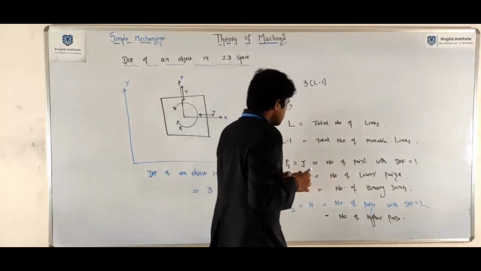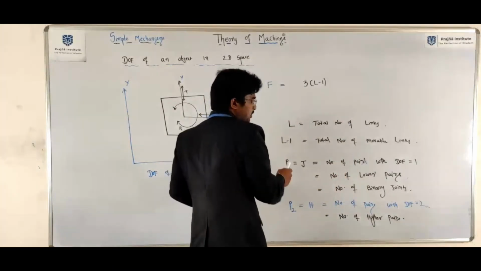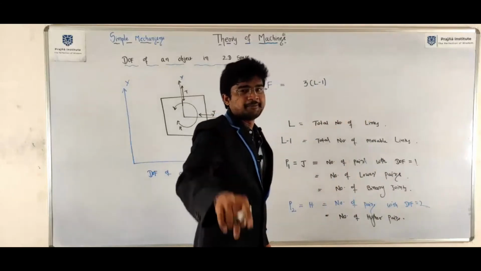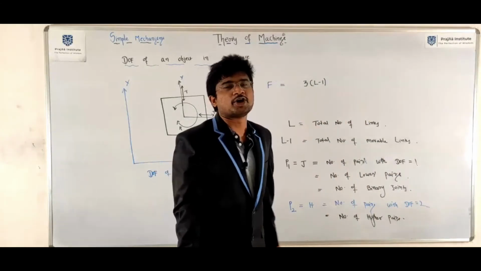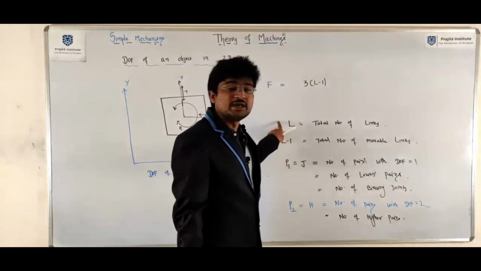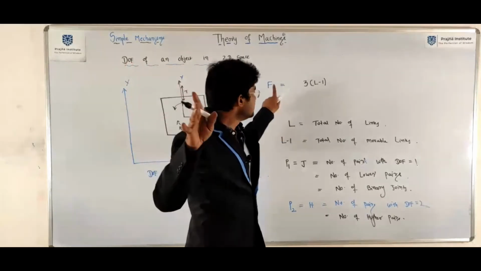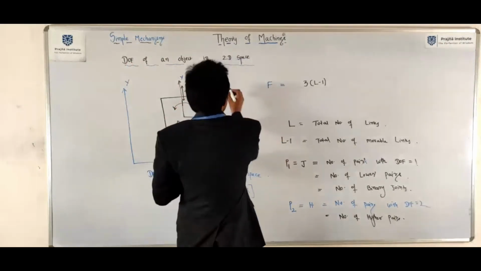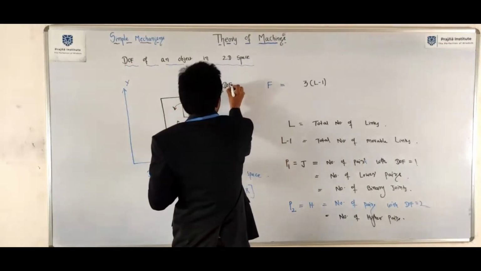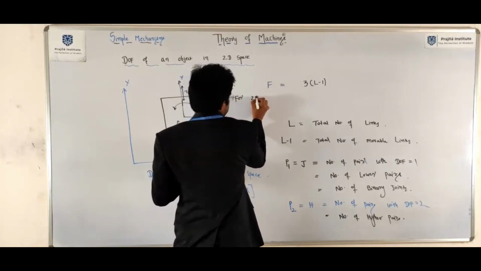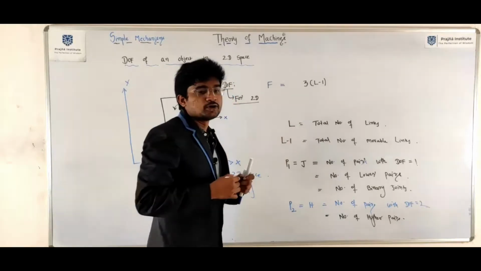Number of motions restricted: for P1, 1 motion is allowed, which means 2 motions are going to be restricted in 2D space. In 3D, total 6 motions. We are talking about 2D.